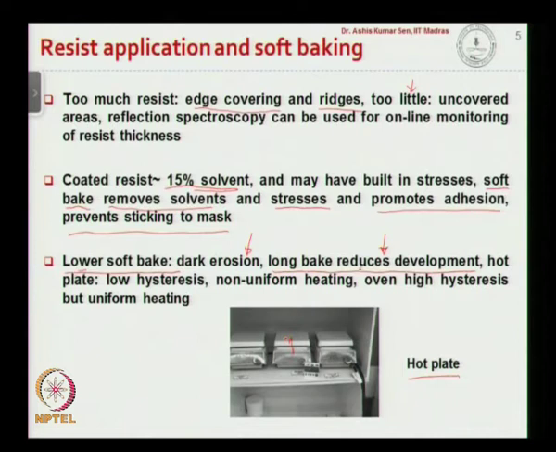If you set a temperature as 70 degrees, it does not just reach 70 degrees; it goes to something higher, say 75, comes back to 65, and fluctuates until it gets to a steady temperature. That is how we can differentiate between hot plate and oven baking.